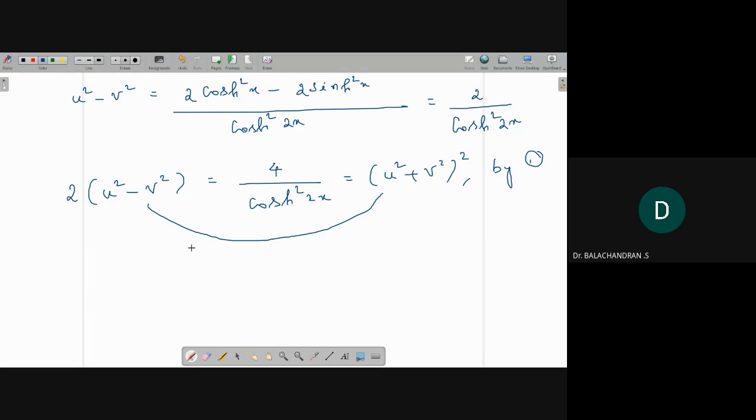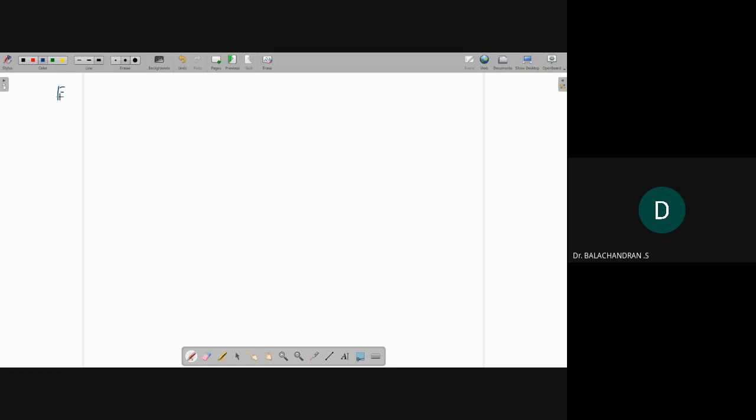Next heading is expansion of sin h theta, cos h theta in ascending powers of theta.